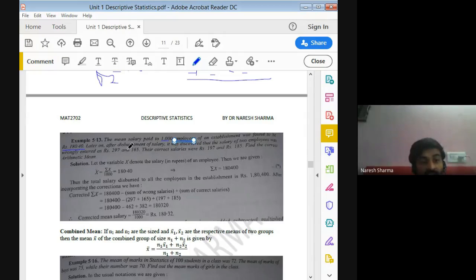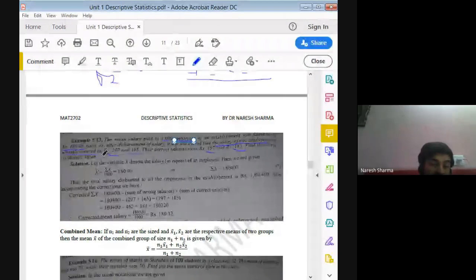After disbursement of salary, it was discovered that the salary of 2 employees was wrongly entered. Wrongly entered means we gave the wrong salary. And the wrong salary amounts are 297 and 165. Also, their correct salaries were 197 and 185 respectively.